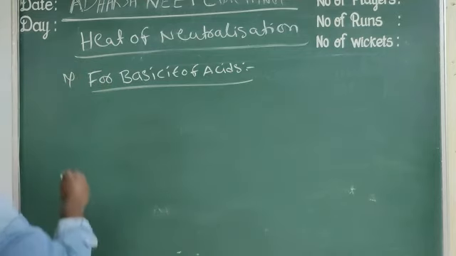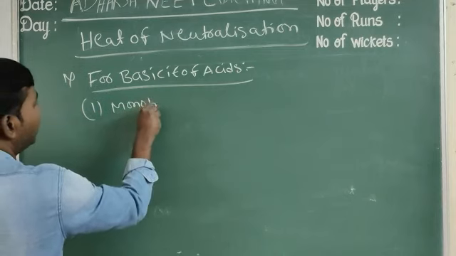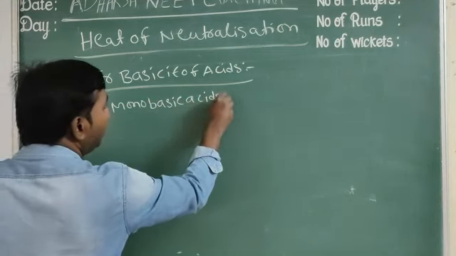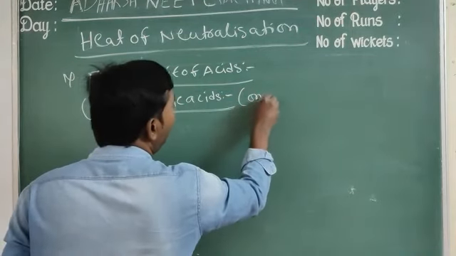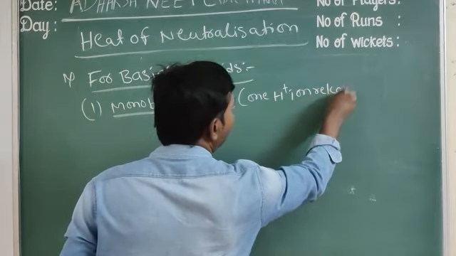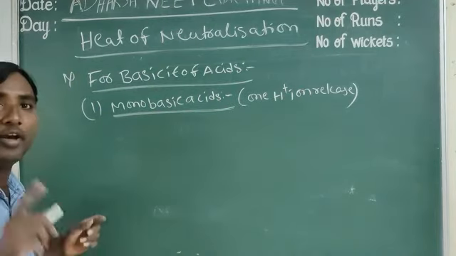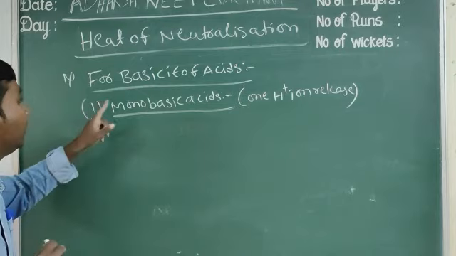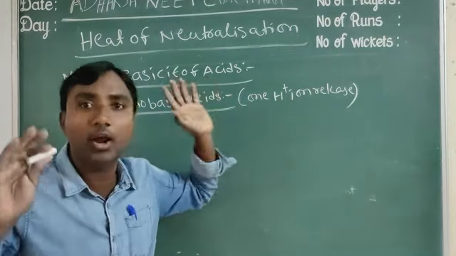Okay, so for example, monobasic acids: only one H plus ion is released.